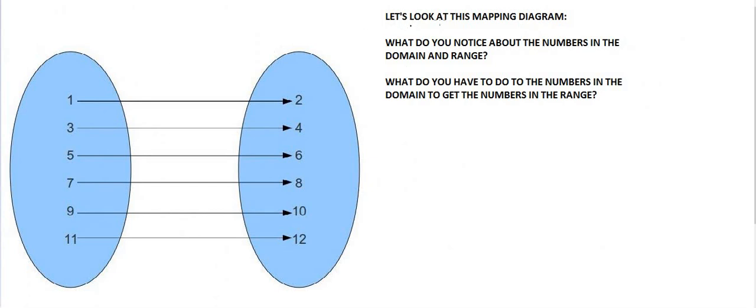All right, it says, let's look at this mapping diagram. What do you notice about the numbers in the domain and range? What do you have to do to the numbers in the domain to get the numbers in the range? When we use a shortcut method for finding the values that we would put in the range column or the y column, because remember the range is the set of all y values in a relation, we call this the mapping rule.